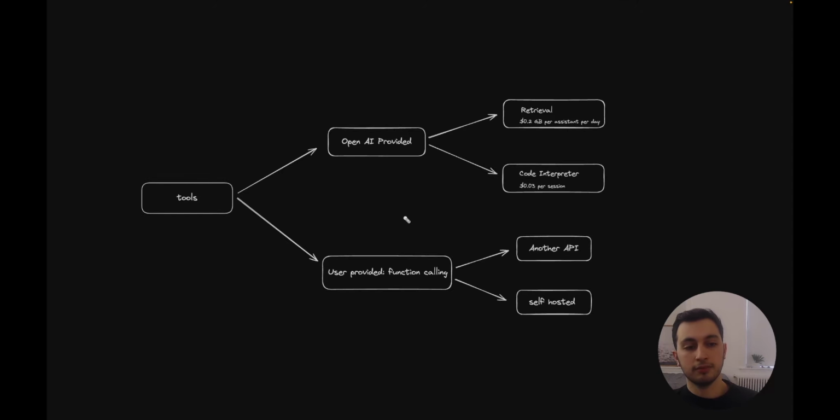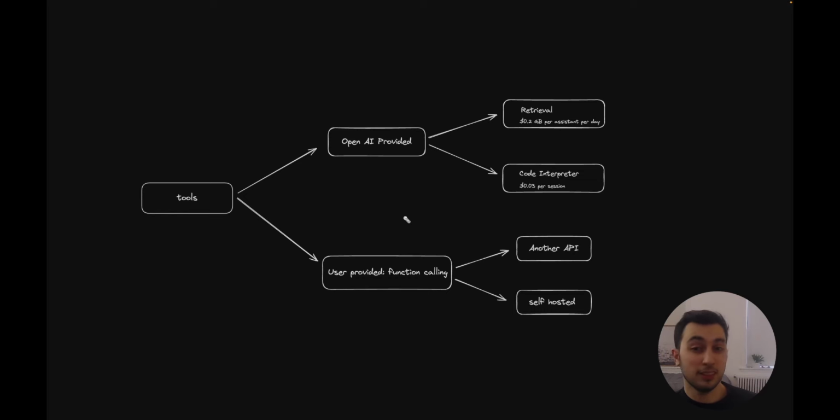Next, we have tools. And as we said, tools can be either provided by OpenAI or you can provide your own tools. Right now, OpenAI provides two main tools, the retrieval and the code interpreter. The retrieval is for when you upload a huge file that does not fit in the context.